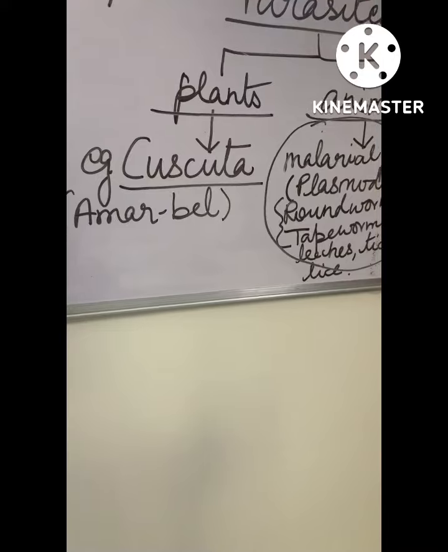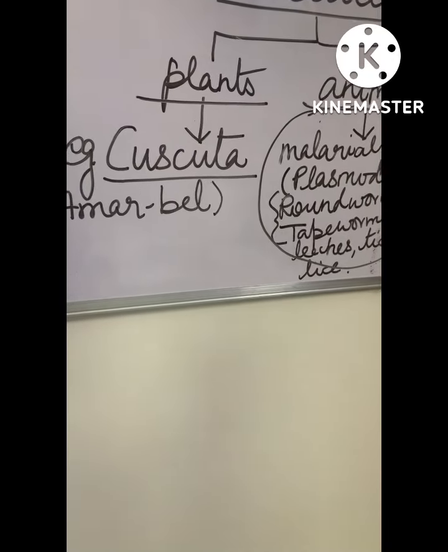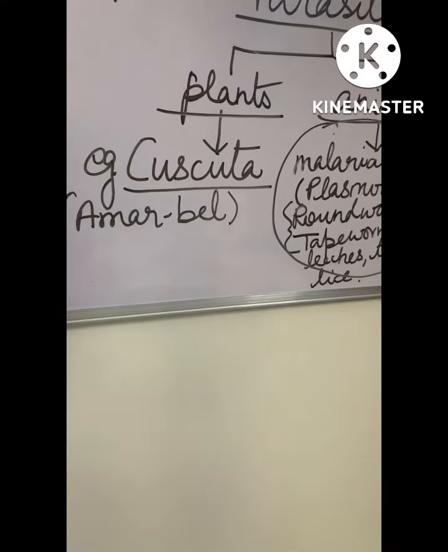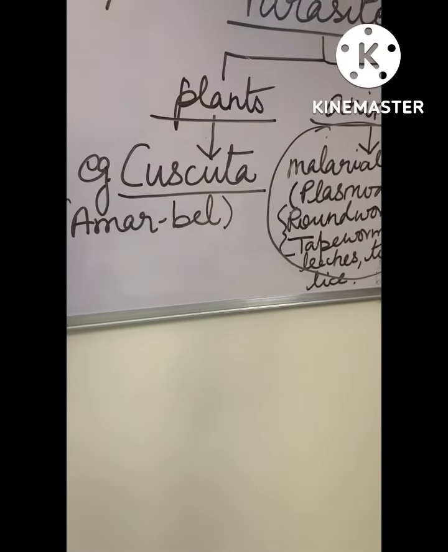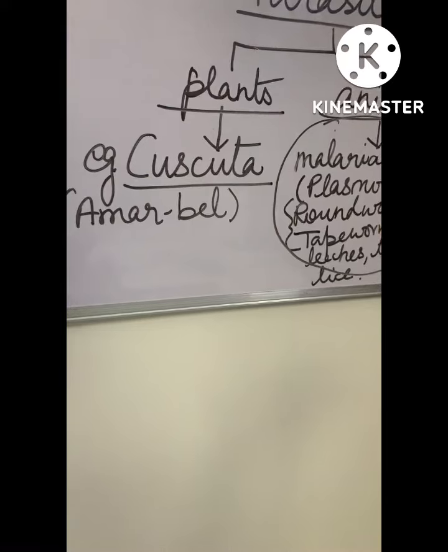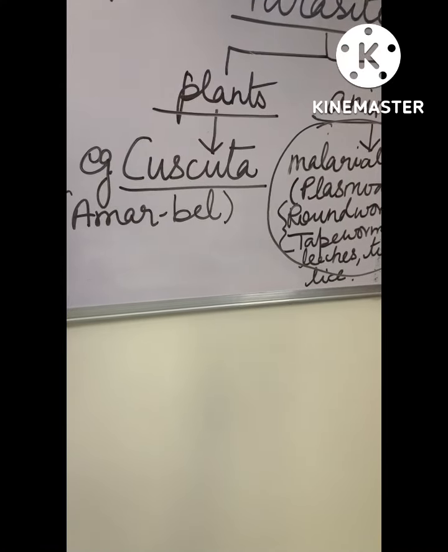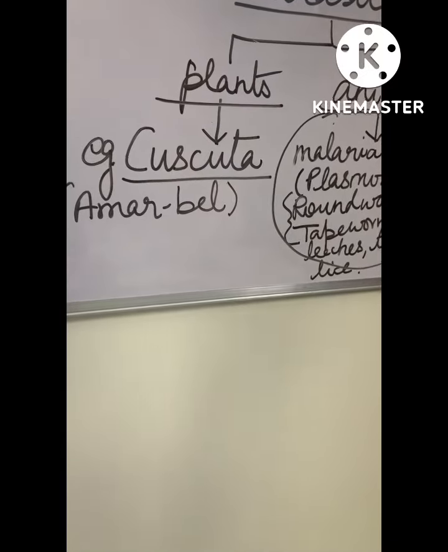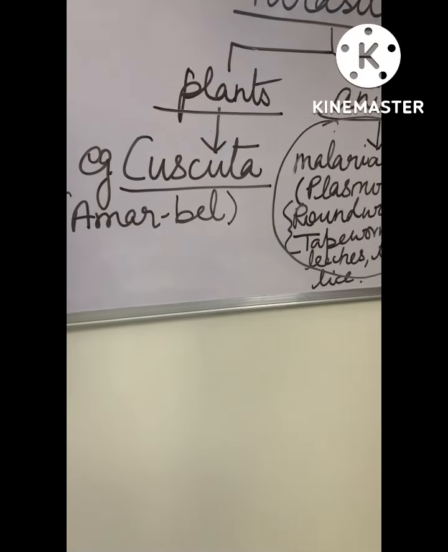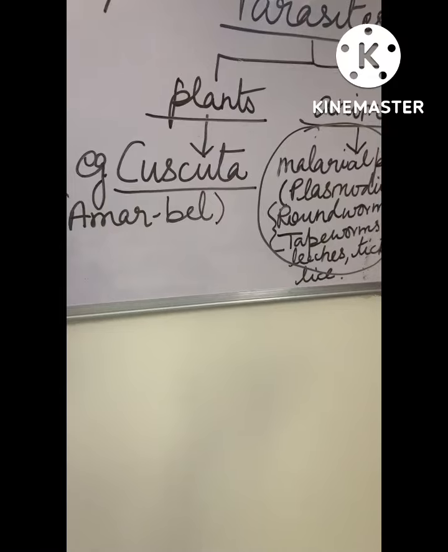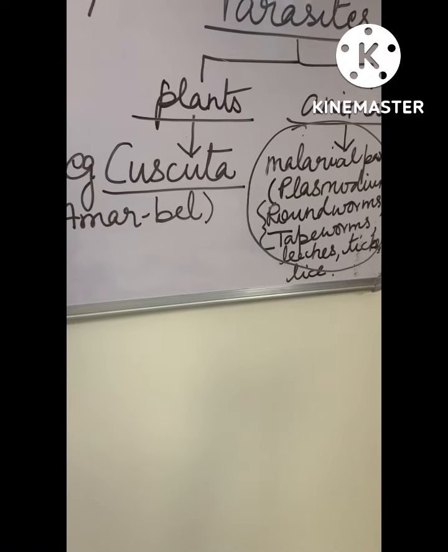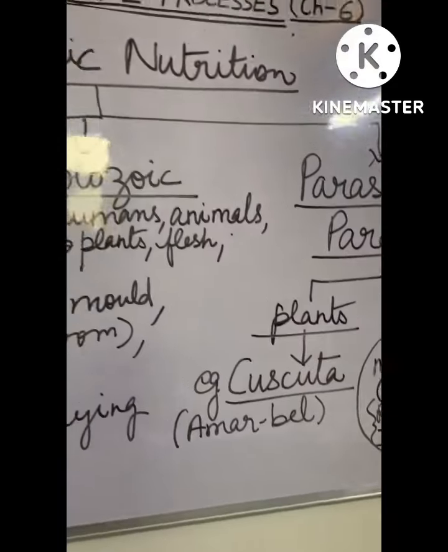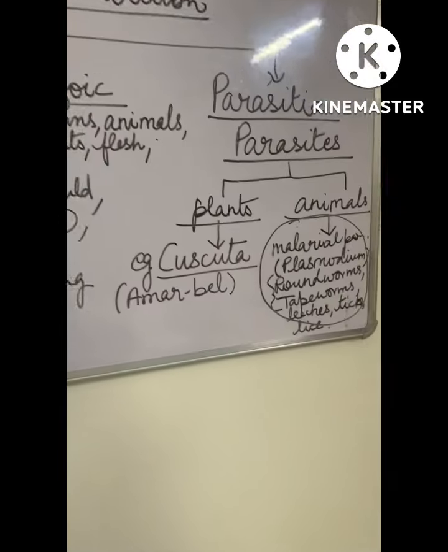It entangles around another plant and derives its food from that plant, gets all its nutrients from the host plant. It climbs on or adheres to that host plant and derives all its nutrition from it. So this was all about heterotrophic nutrition.